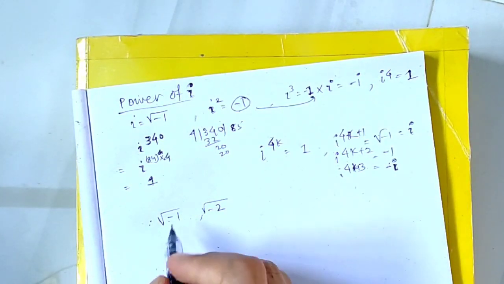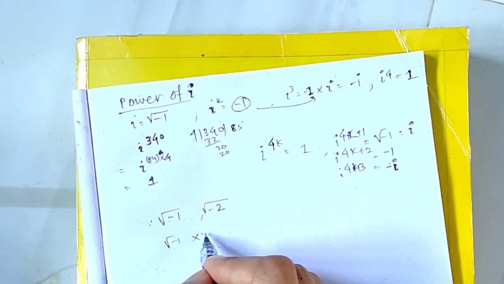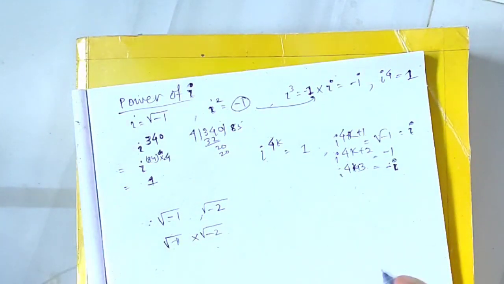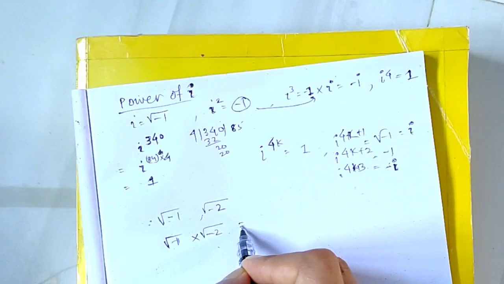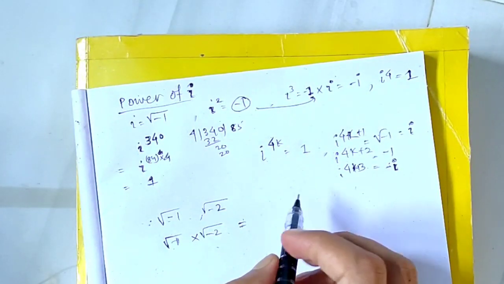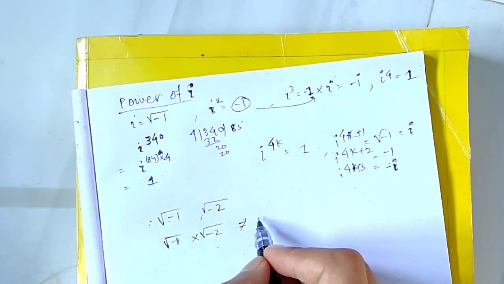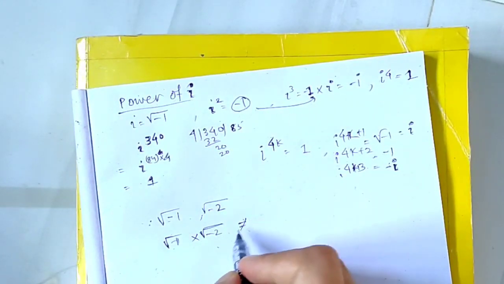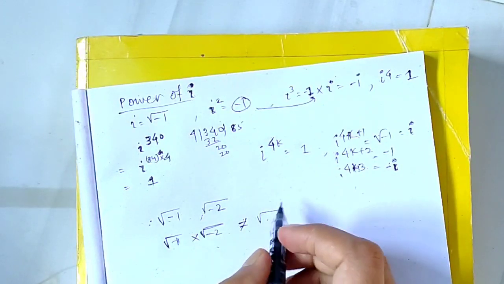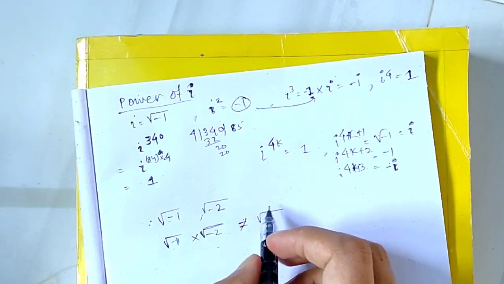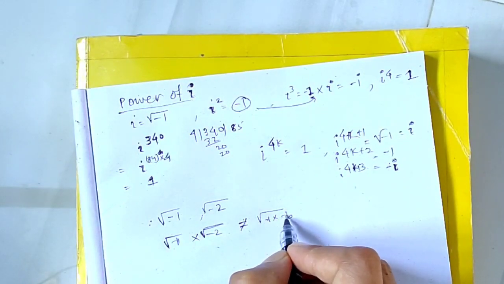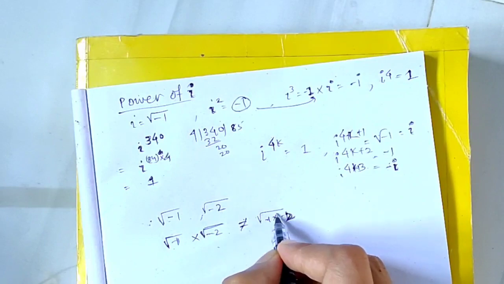If we multiply these two, it won't be equal to root over of minus 1 into minus 2.